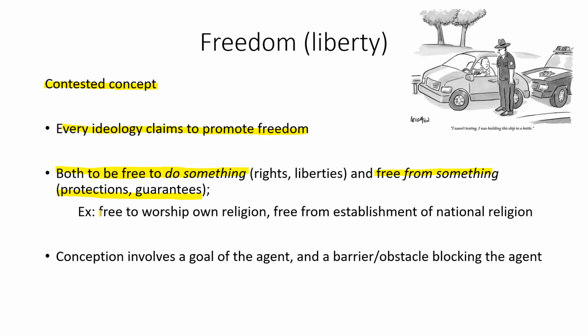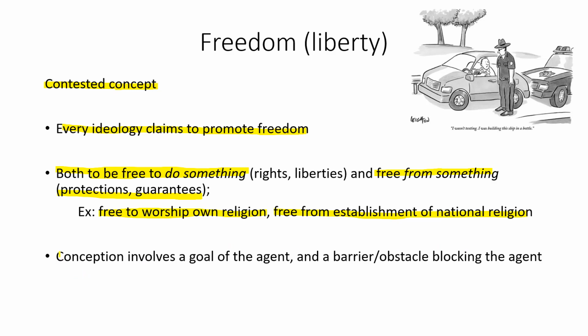Now, some examples: in our Constitution, the very First Amendment, the first thing mentioned is you're free to worship your own religion, but at the same time, we are free from having the government establish a national religion, so it goes both ways.